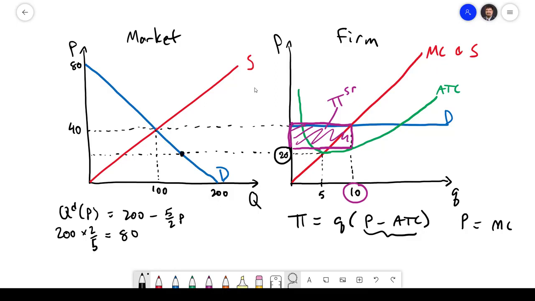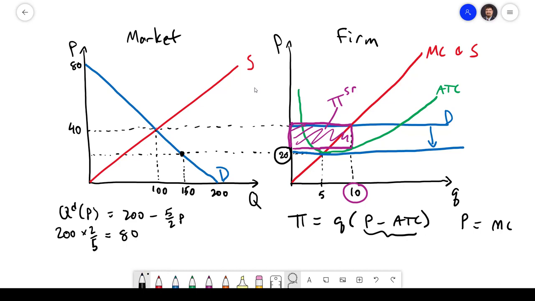The point where 20 hits our demand curve is going to be our market equilibrium quantity, which we solved for as 150. That's going to move our firm level demand curve down here so that it is tangent with the average total cost curve. It's crossing at that lowest point.